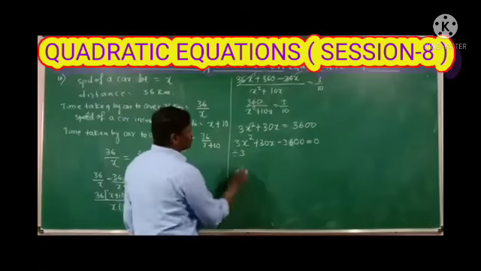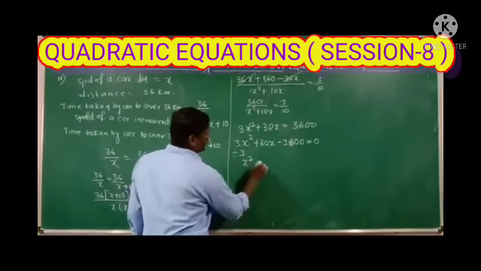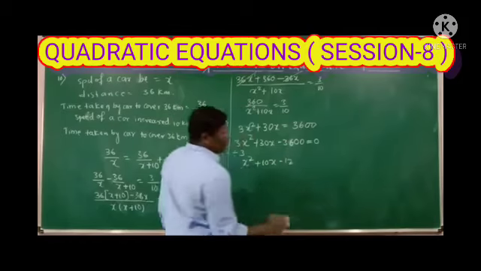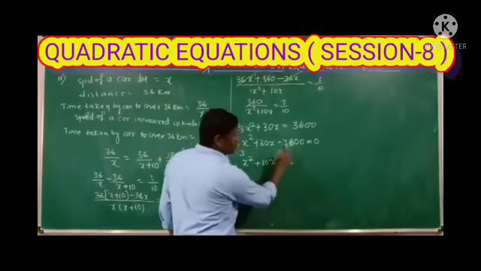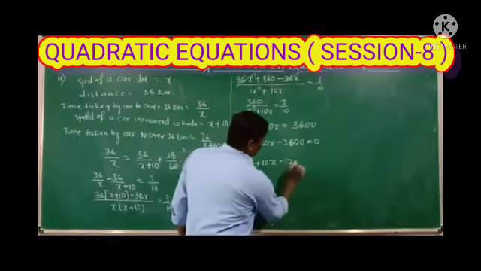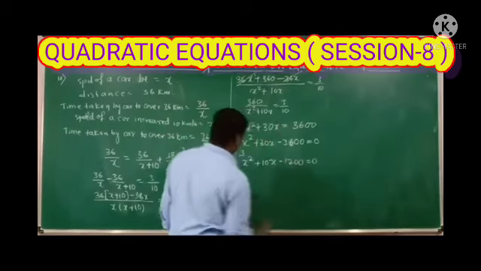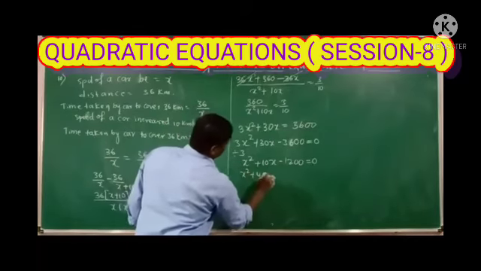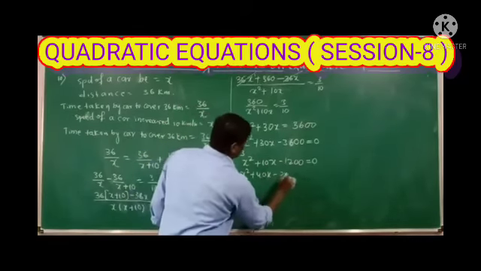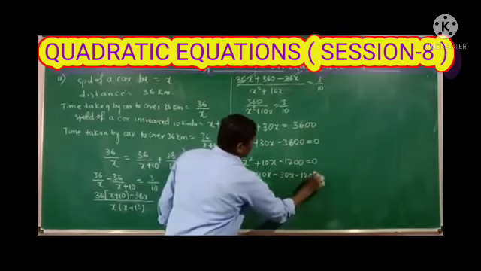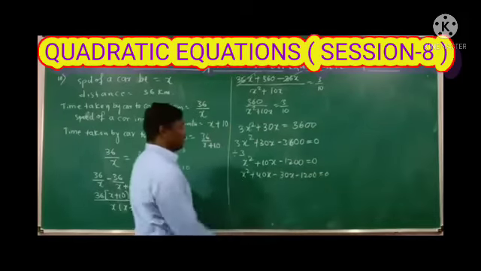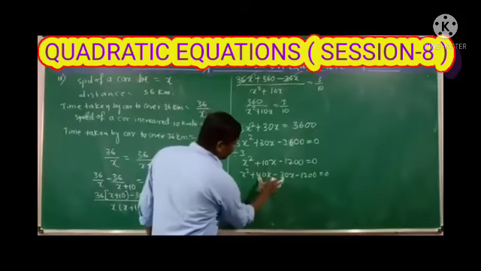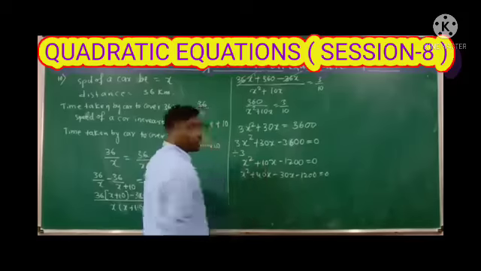You will get the reduced quadratic equation, that is x square plus 10x minus 1200, which is equal to 0. Now split the middle term: x square plus 40x minus 30x minus 1200. 40x minus 30x is nothing but 10x, and the product of these two, 40 into 30, is 1200.